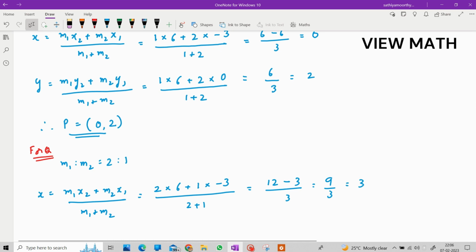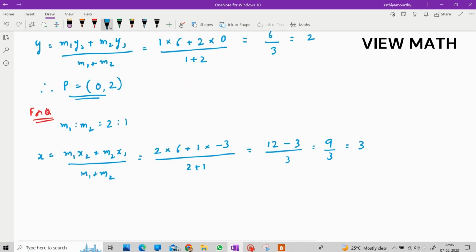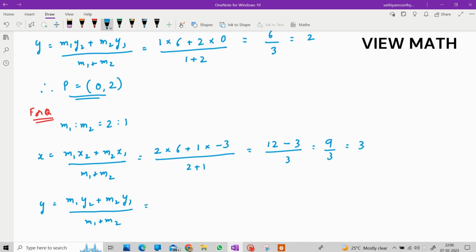Now let me find out the y coordinate for Q. Y is equal to (m1y2 plus m2y1) by (m1 plus m2). Now m1 is 2, y2 is 6 plus m2 is 1 into y1 is 0, divided by m1 plus m2, that is 2 plus 1.